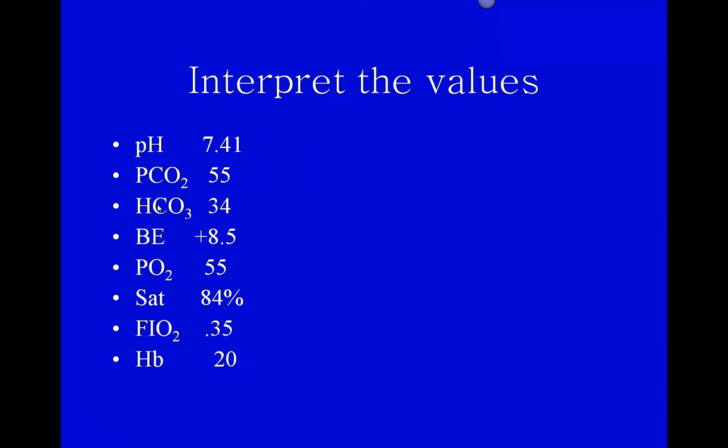Give it a name then. Metabolic alkalosis. And metabolic tells you that it's the bicarb. Now look for compensation. Has the CO2 moved outside its normal range? Yes. So the blood was too alkalotic. The body said, hey, we can fix that. We'll have the lungs hold on to CO2 a little bit.